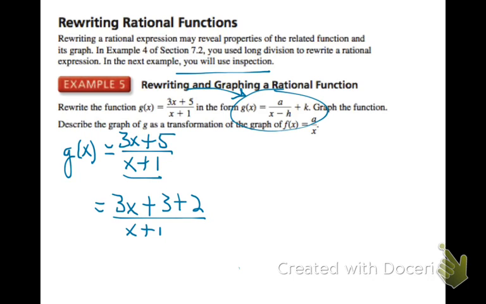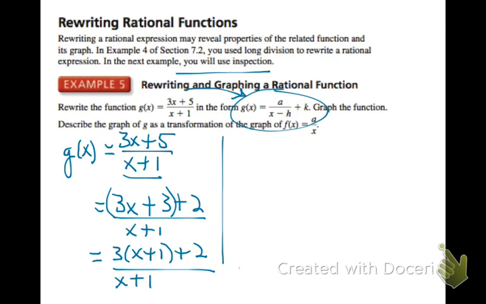The reason I did that is because then I see that I can group together my 3x plus 3 and I can factor out a 3. And that'll give me 3 times x plus 1, plus 2, all over x plus 1.